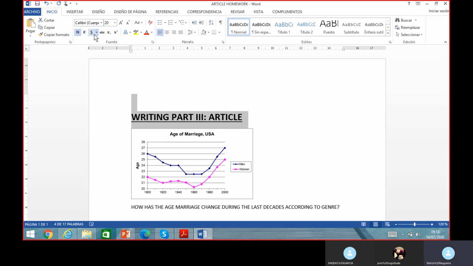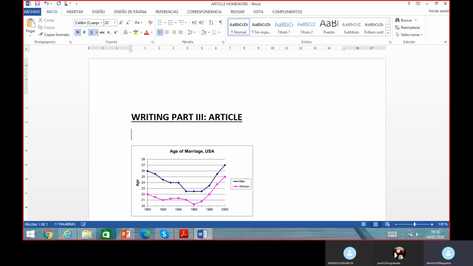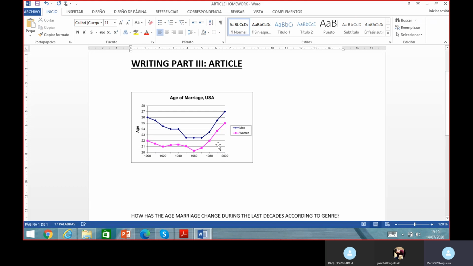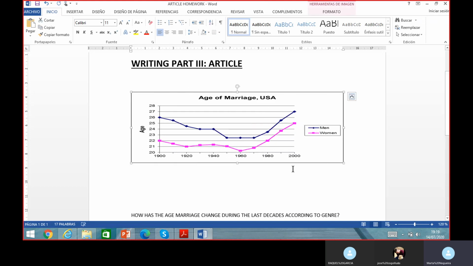This is the most difficult part, okay, and the part that can give you the C2. And you are going to have a graph, okay? The graphs are not going to be always the same, okay? You have different graphs or charts like that, okay? So it is not necessary to see a chart with numbers.